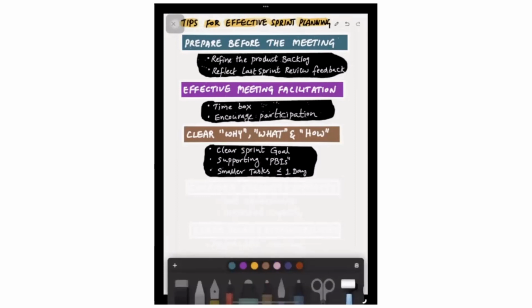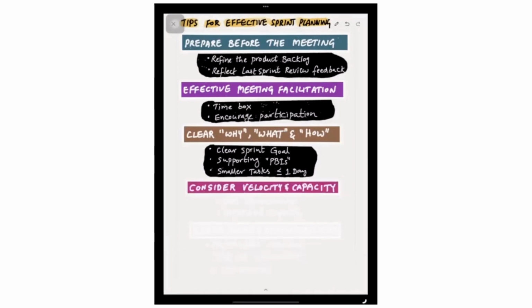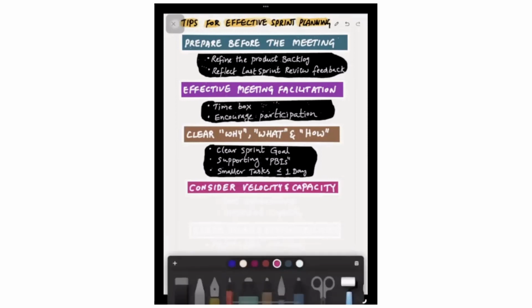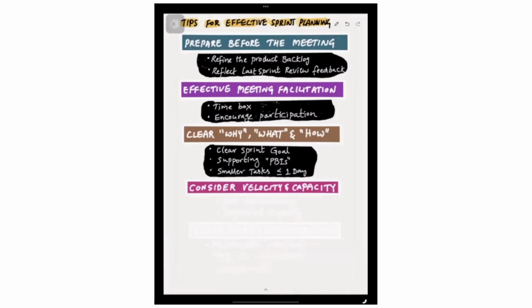And the next tip you can consider is velocity and capacity. Most of the teams randomly pull items. Okay, this sprint we will do 30 story points worth of items or 25 story points worth of items, like that.